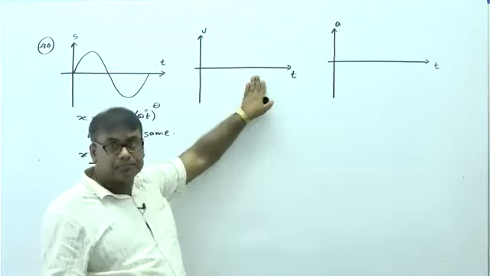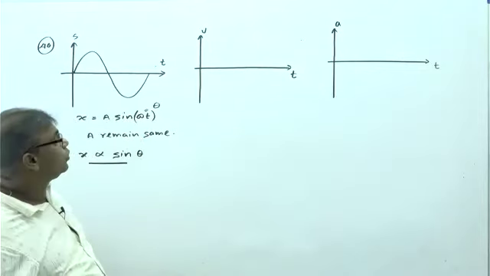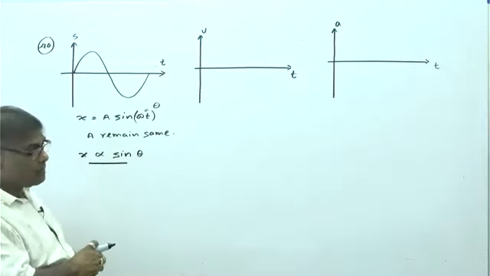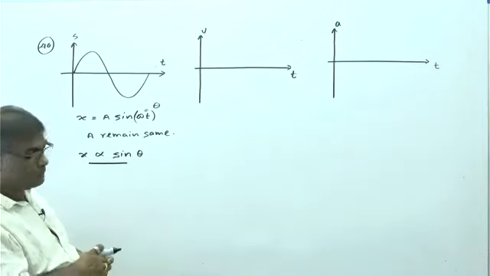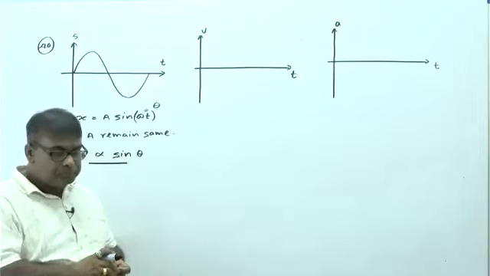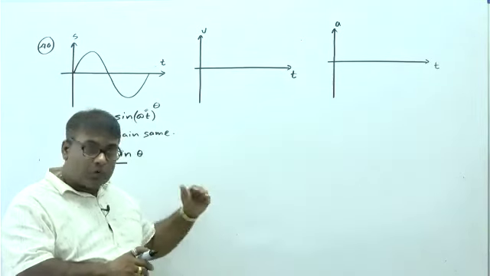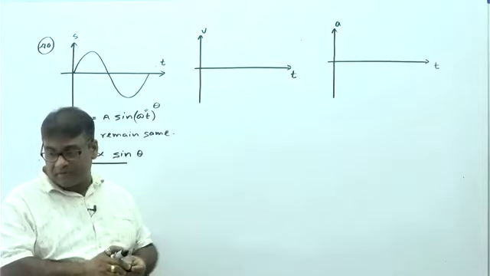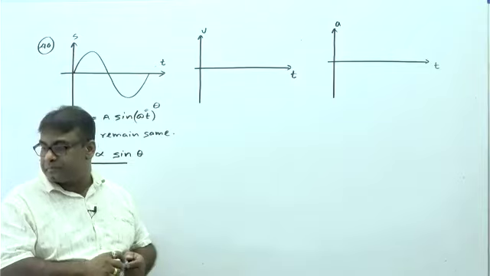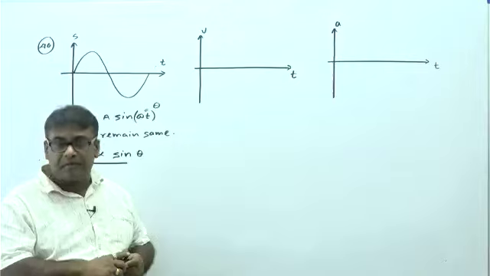Can I have this one? Next, the velocity time graph. In front of the question, we have a space to write the derivation for the shape of the graph.